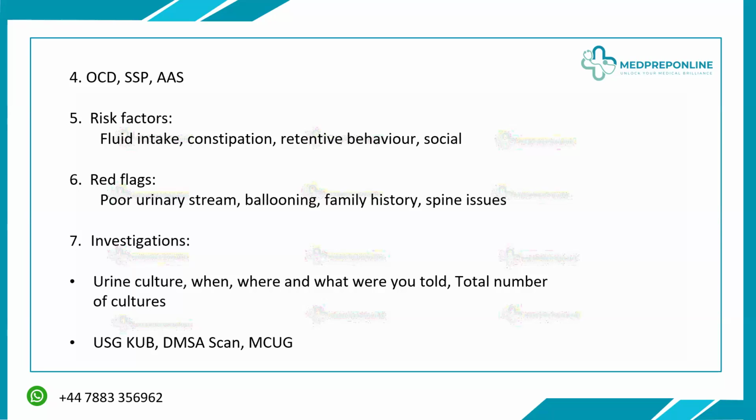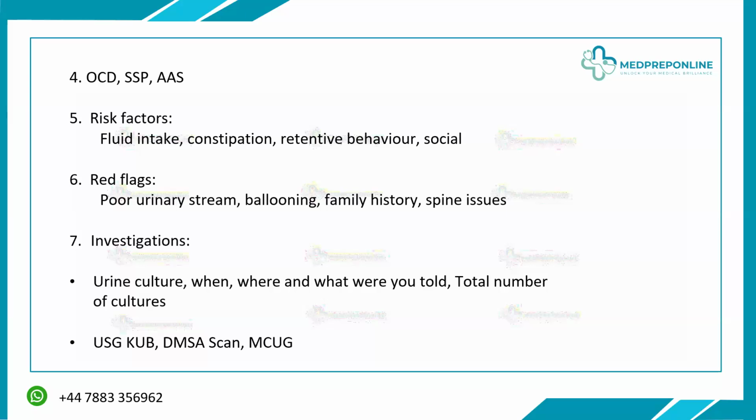If there is a child with UTI, never forget to ask about the risk factors. So you have to ask about fluid intake, any constipation, retentive behavior, and social factors. You can ask the mom how much fluid he or she takes in one day. Mom won't be sure, but you can ask for an estimated volume. For constipation, you can ask how many times in a day he or she opens the bowel, and is it hard to open?